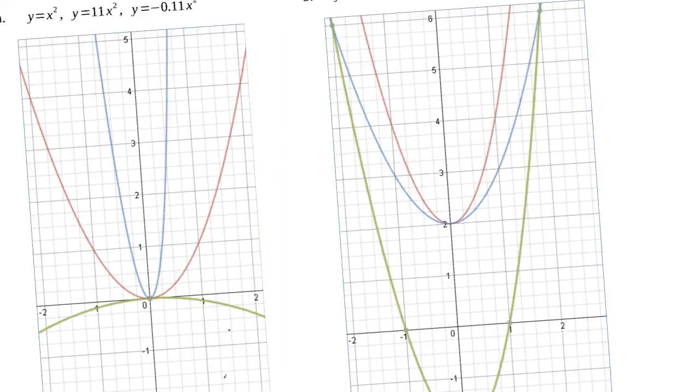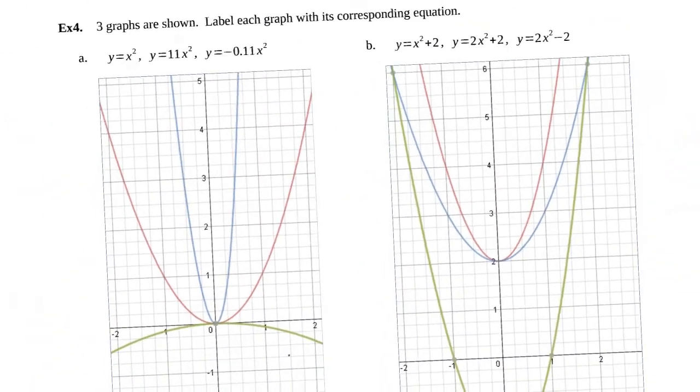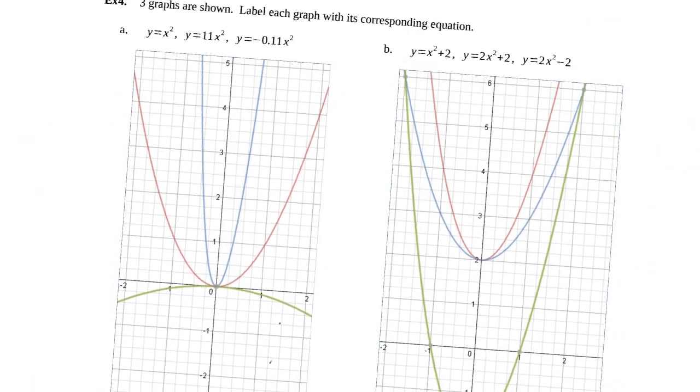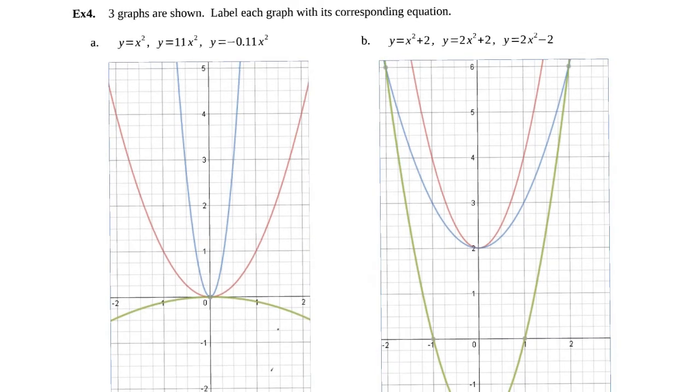So now taking a look at these 3 graphs that we have for each equation. For A, I just want you to match them up. The key is to recognize which ones are opening up, which ones are the originals, and which ones are opening down. For the first one, I'm going to tell you right away that the first one here is y equals x squared, and I'll tell you why.